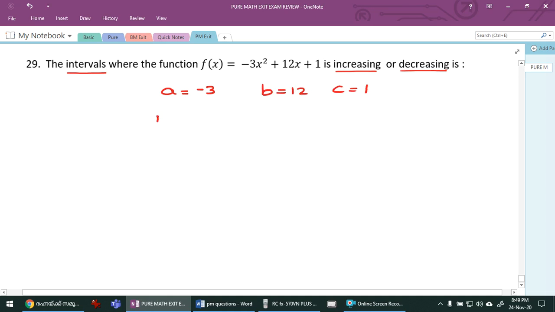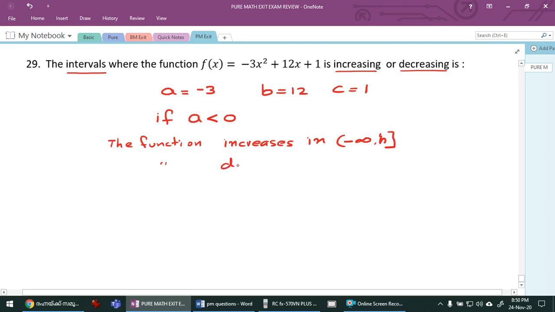Now the rule is, if A is less than 0, then the function increases in the interval minus infinity to h, and the function decreases in the interval h to plus infinity. So what is this h?